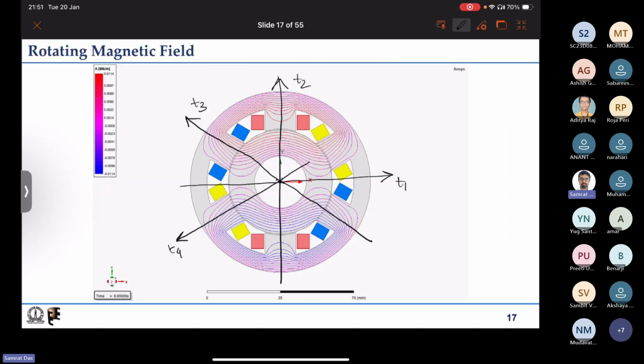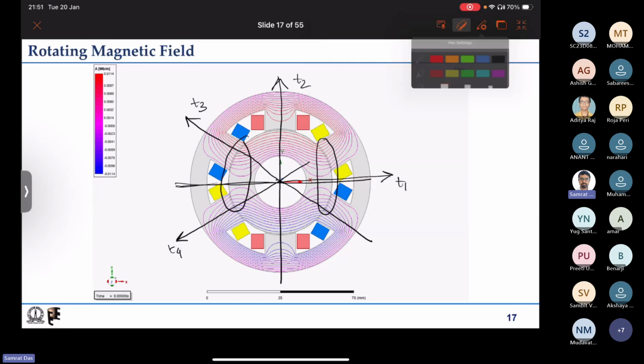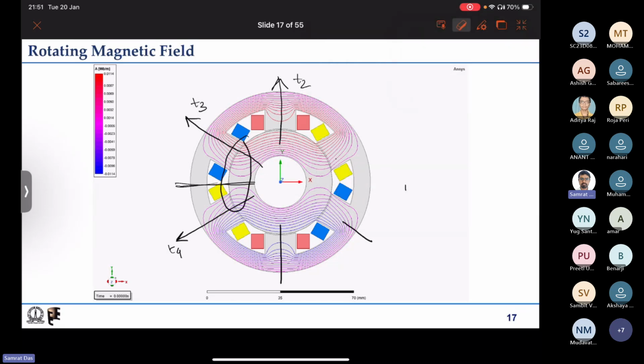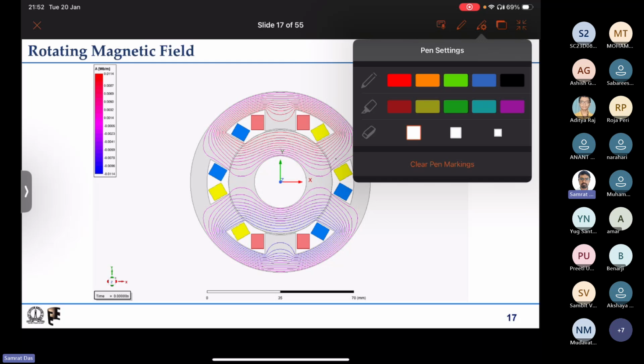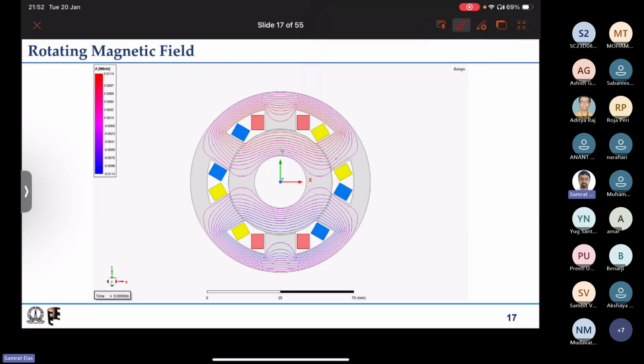You can see at any instant of time there is in net one north pole and one south pole, and that remains constant. Although the magnetic field is rotating in space, at all instants we have one north pole and one south pole. That makes it the case for a two pole machine.